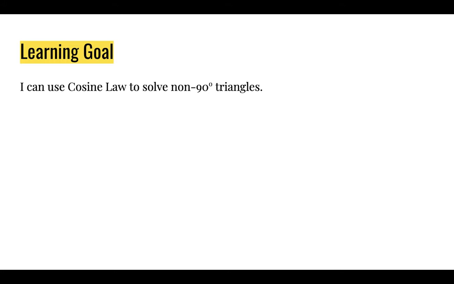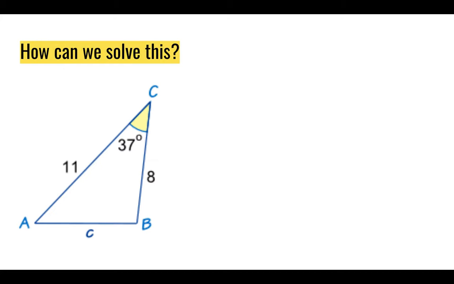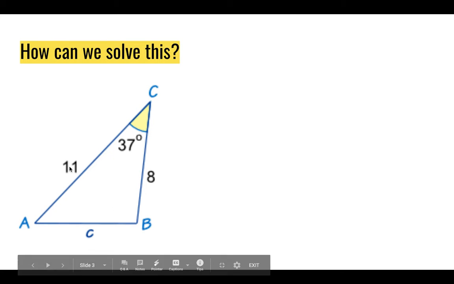Now, why would we need another equation to solve this? Well, if we look at this triangle, we don't have two pairs of angles and sides. We have one angle, one side, and one side. So we don't have an angle and a side and another angle and a side to work with.